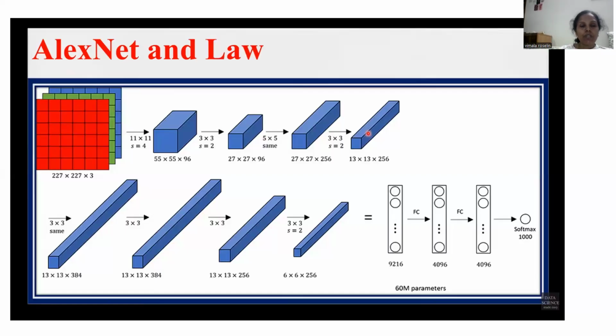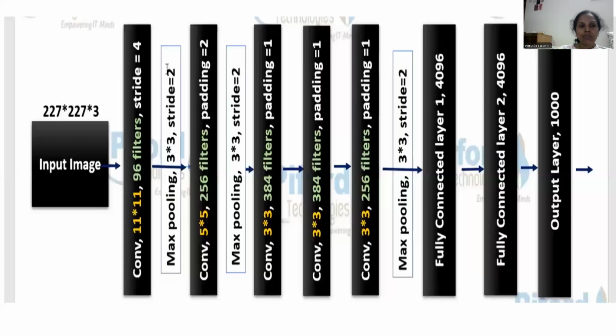So here is the architecture they have given: five convolutional layers, two fully connected layers and one output layer. They also divided the filters like this. The first convolutional layer is 11 x 11 with 96 filters and a stride of 4.